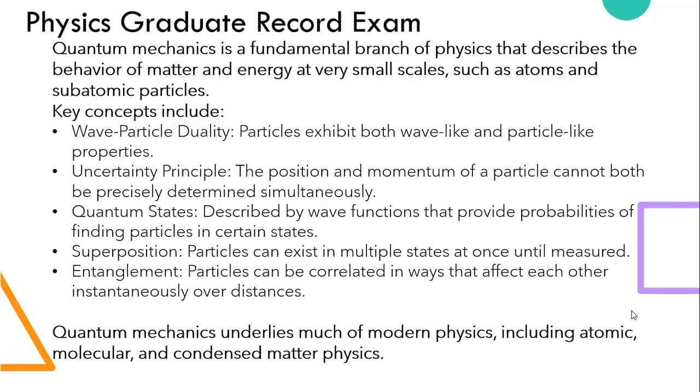So, for example, if I do something to an electron here, it can affect the electron many, many miles away. We also have quantum mechanics underlying much of modern physics, including atomic, molecular, and condensed matter physics.